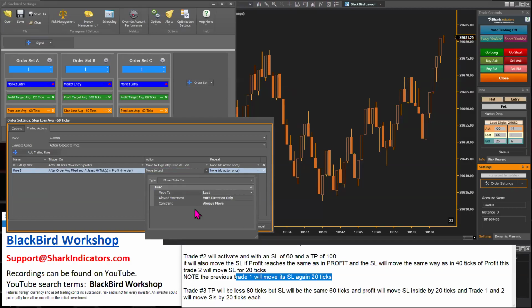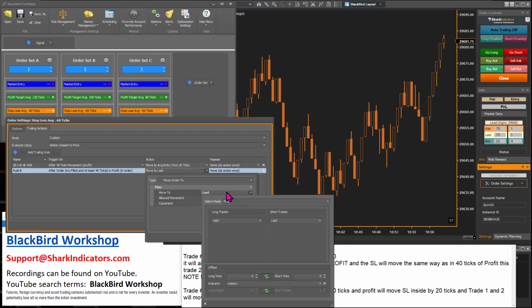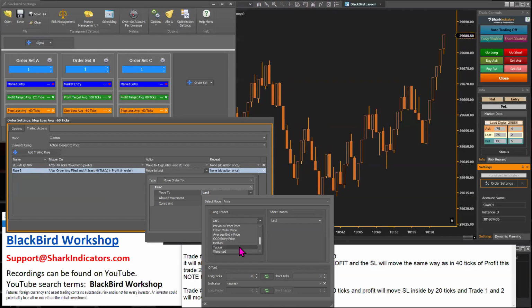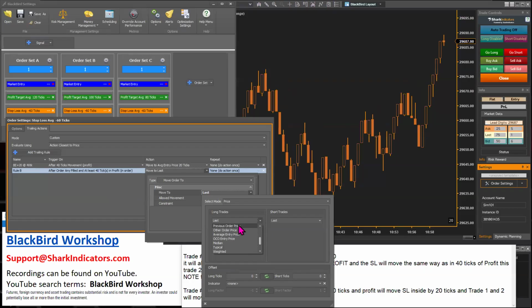All right, so now the action here. We're going to use a data point, or a price point, that's not used that often, but it does come in handy when it's needed.